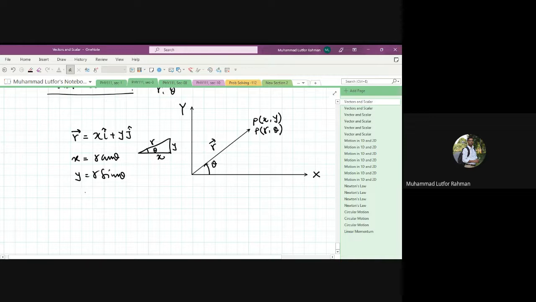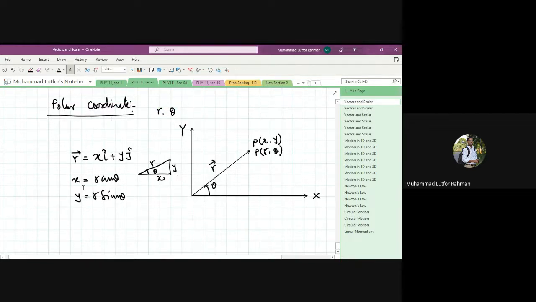Now, to express the vector in polar coordinate system, I also have to know about the unit vectors in polar coordinate system. In Cartesian coordinate system, we have the unit vectors i hat, j hat, and k hat. That could also be represented by x hat, y hat, and z hat, right? Sometimes they are expressed that way.